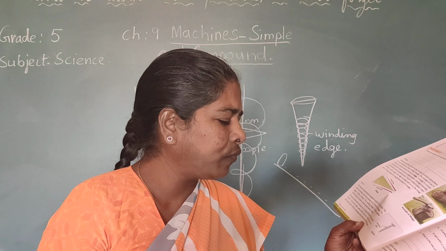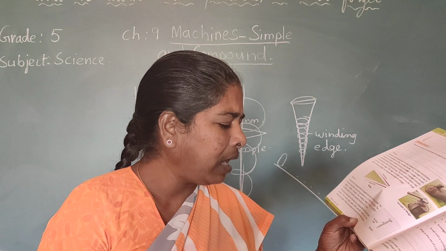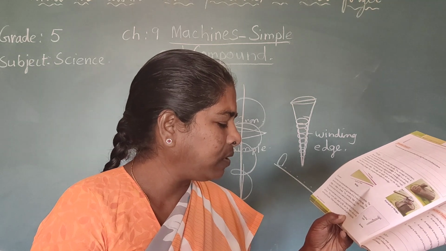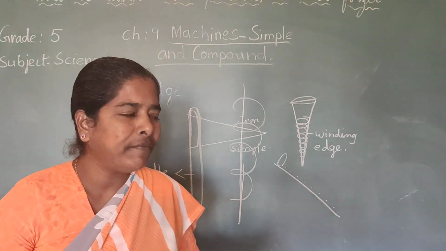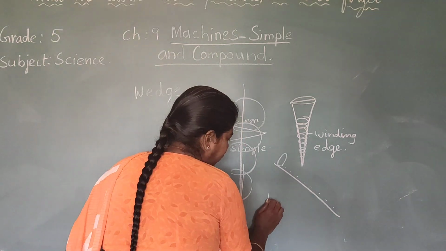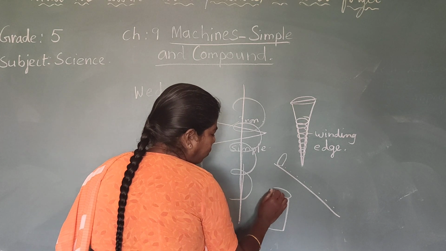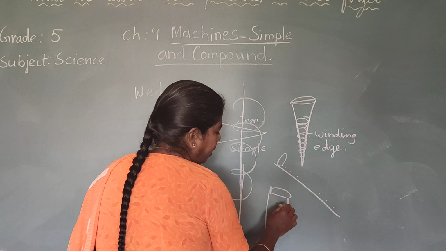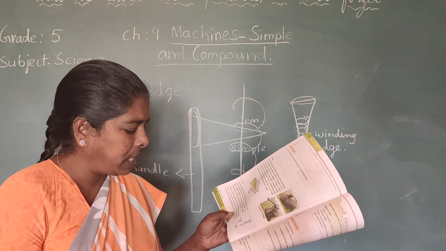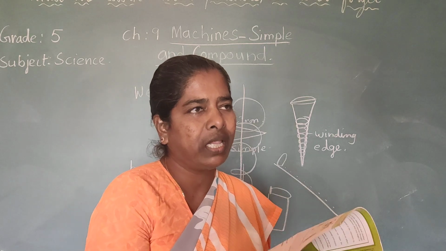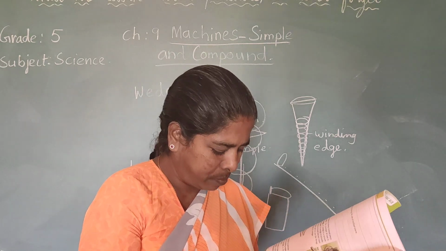Another example of a screw is jar lids and night bulbs. Here this jar also will have a lid. Did you notice any time? Water jets also have a lid. Here screws will be there. They are also working on the same principle, children.